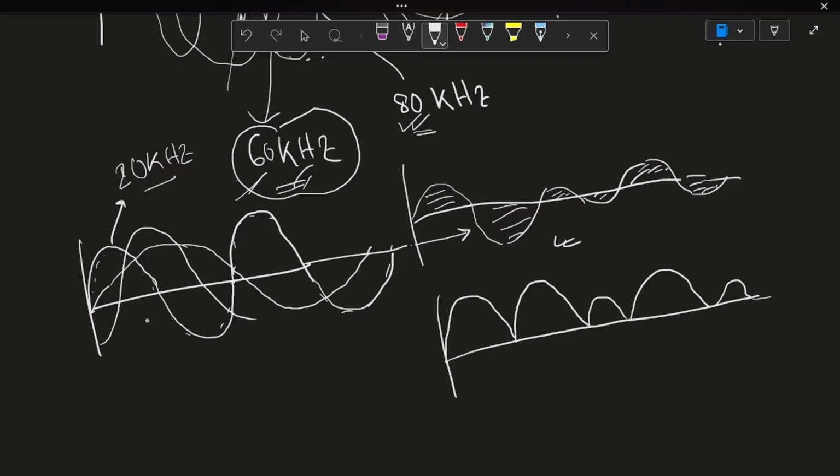But if this is shifted, so instead of starting from here, your original data has this value at t equal to 0, let me plot here.